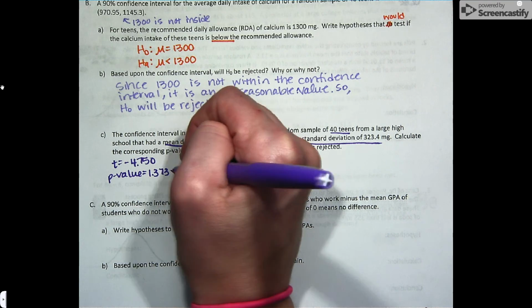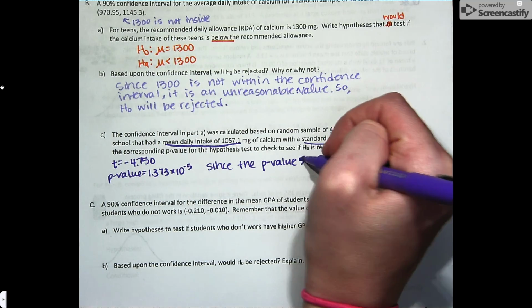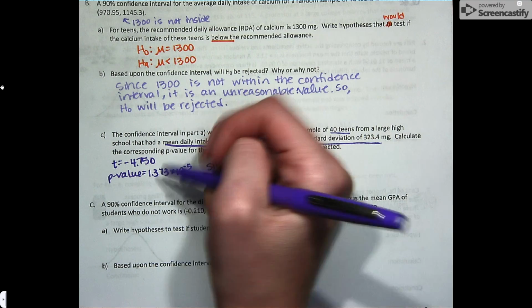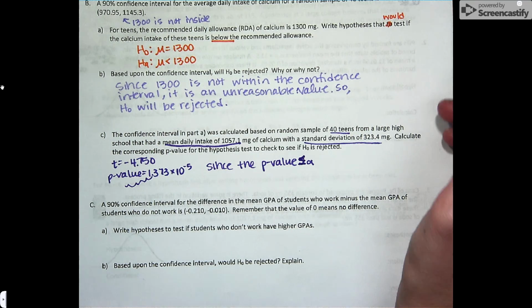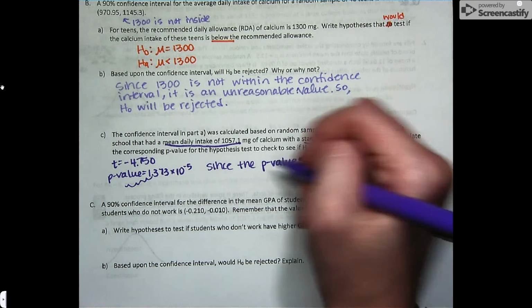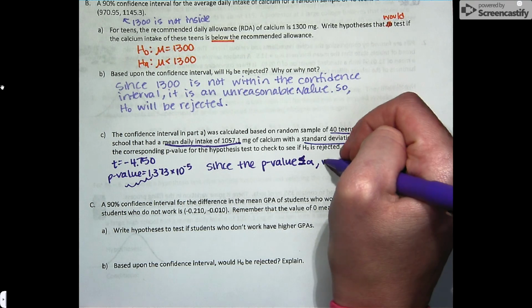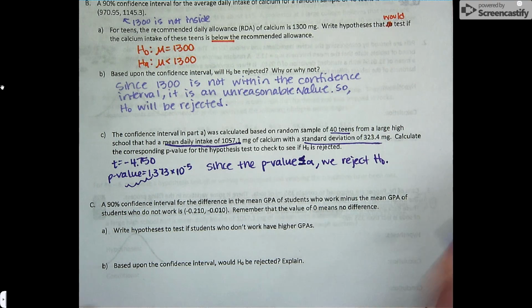So it's times 10 to the negative 5th, which is essentially 0. That's definitely less than or equal to alpha. So you move the decimal place 5 times over, so it's 0.00001. Since the p-value is less than or equal to alpha, we would reject the null hypothesis. And that's just proof that you would reject the null hypothesis in favor of the alternative.